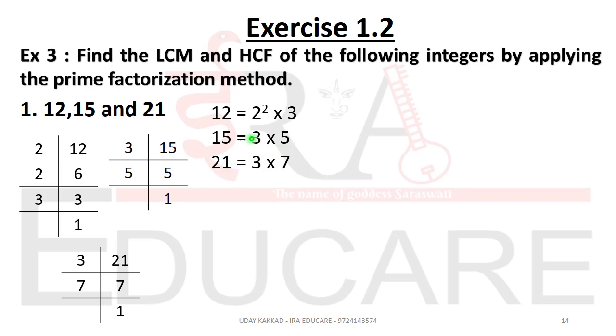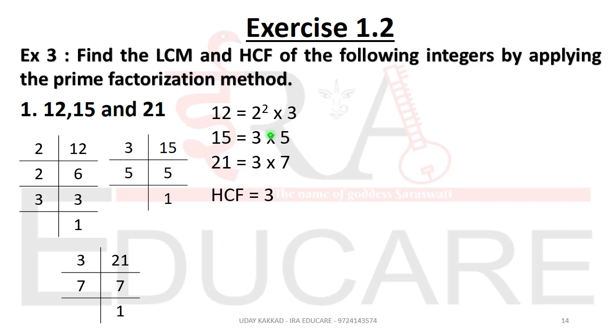So HCF is the smallest power of the common factors. So the common factor is 3, right? Here 3 is the common factor and the smallest power is 3 raised to 1. So HCF is 3, right?